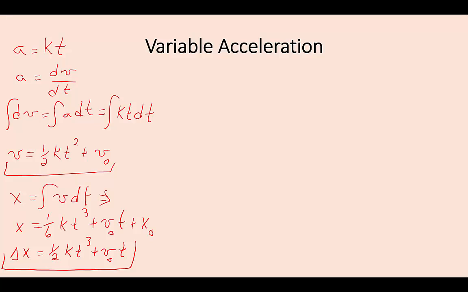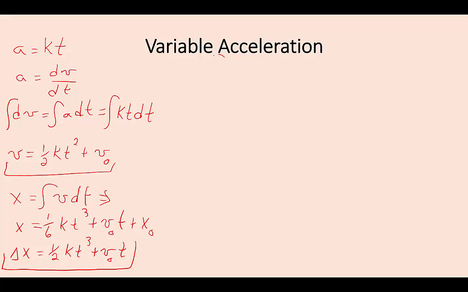And if we think about something like an object that's falling, we oftentimes like to ignore air resistance. When we do that, acceleration is just equal to gravity, so that's not a big deal. But if we don't ignore air resistance, then acceleration is also dependent on the speed at which the object is falling.